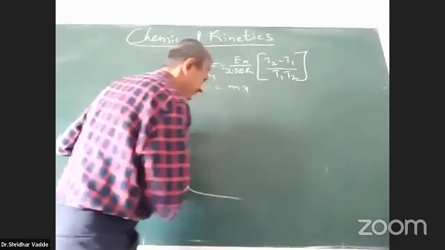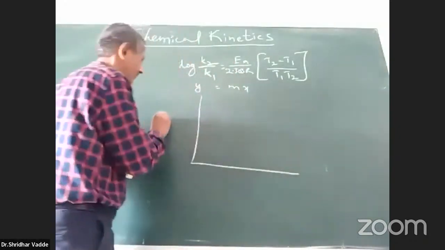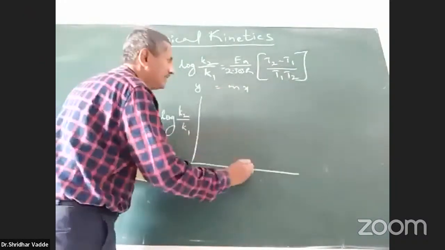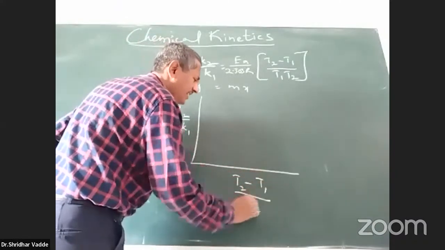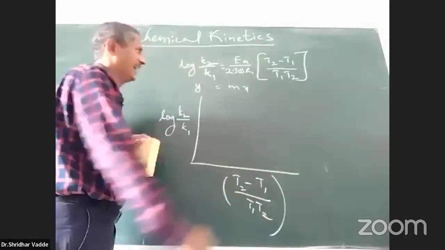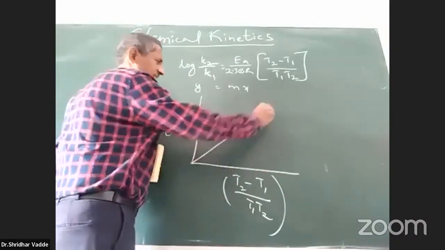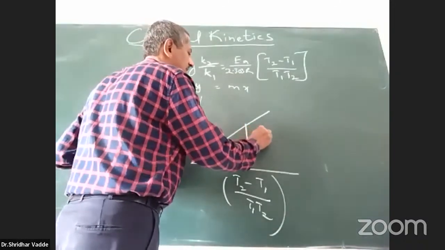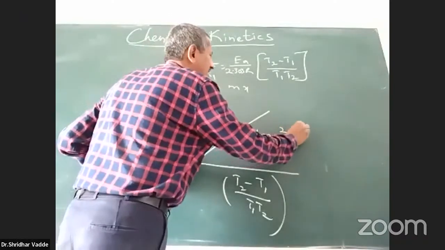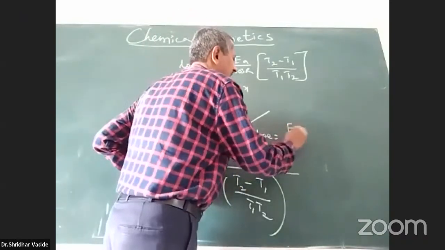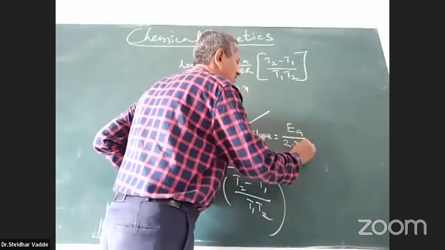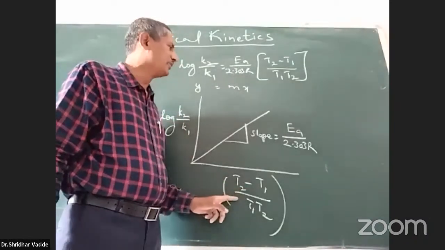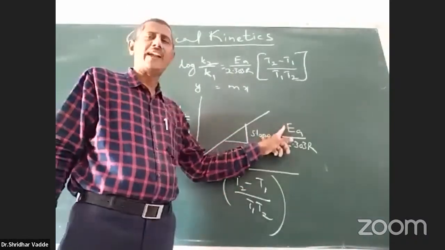Now if we plot log K2 by K1 on the y-axis, against T2 minus T1 by T1 T2, we can get a straight line where the slope will become Ea by 2.303 R. So by knowing the K1 value, K2 value, and T1 value, T2 value, we should be able to know the energy of activation.